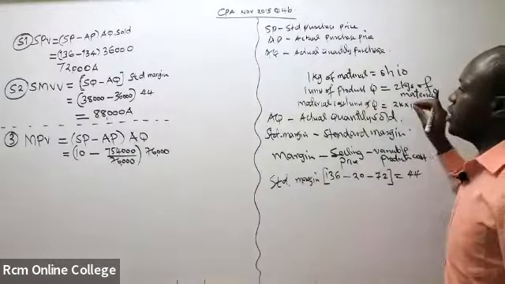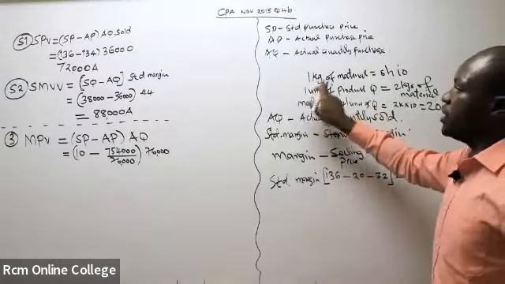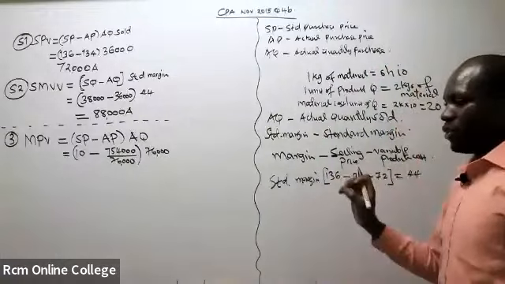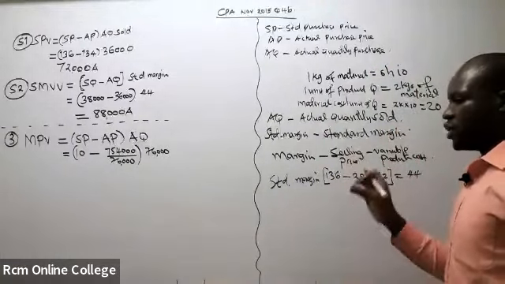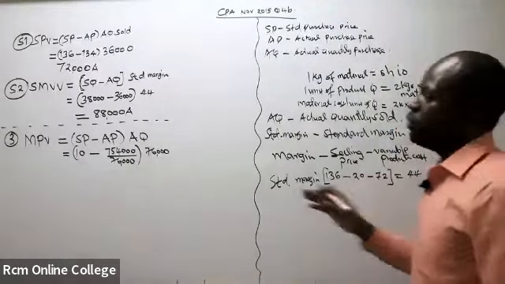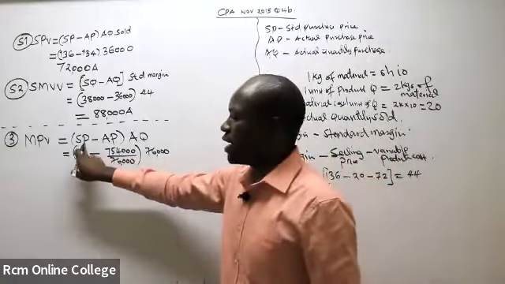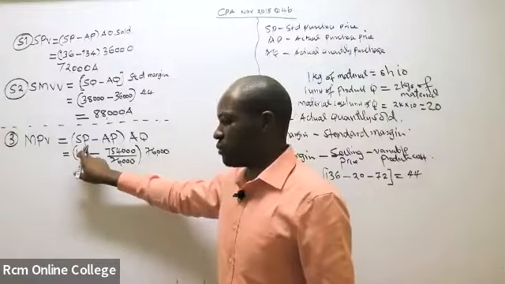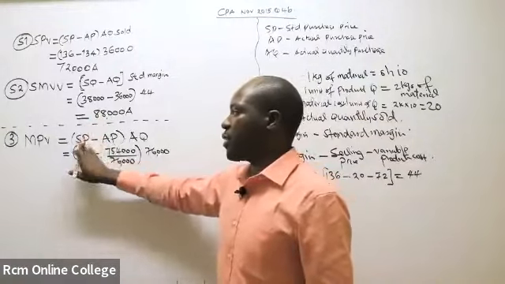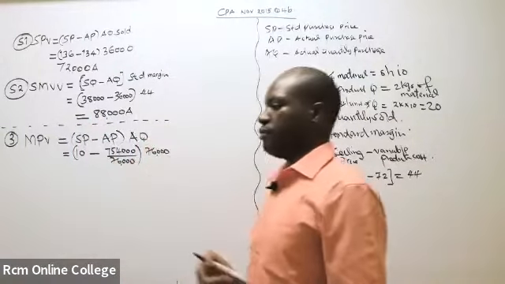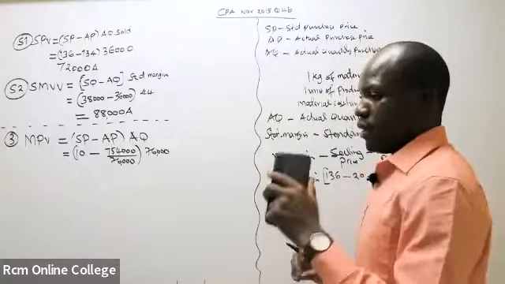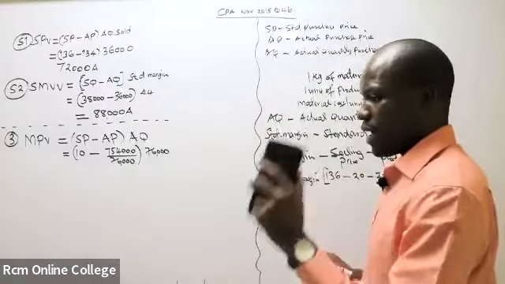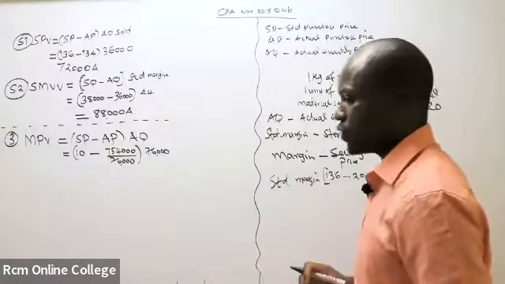But the description is 2 kgs of material at 10 shillings per kg. What we are putting here is the standard price per kg or per unit of measure. If it was liters, standard price per liter. Good. What you have given me there, I've actually answered my question.